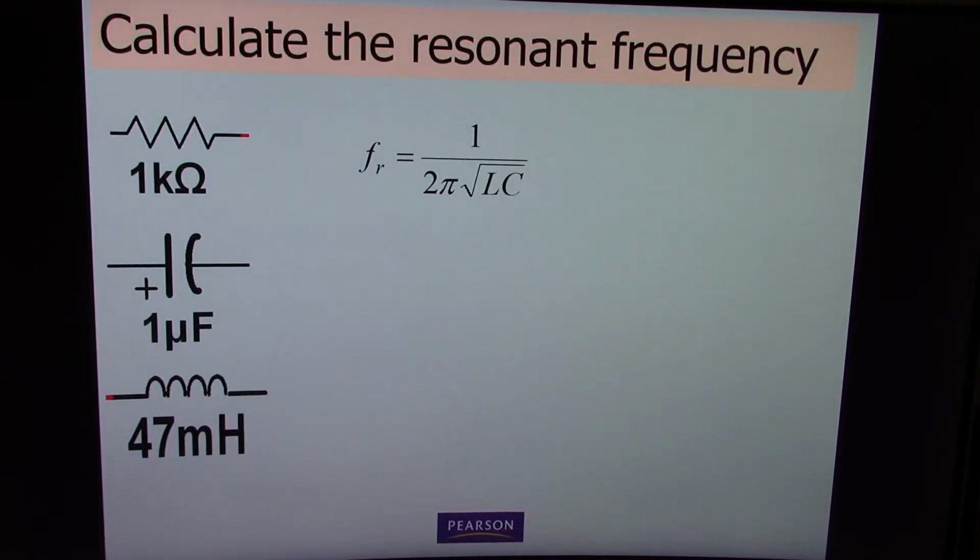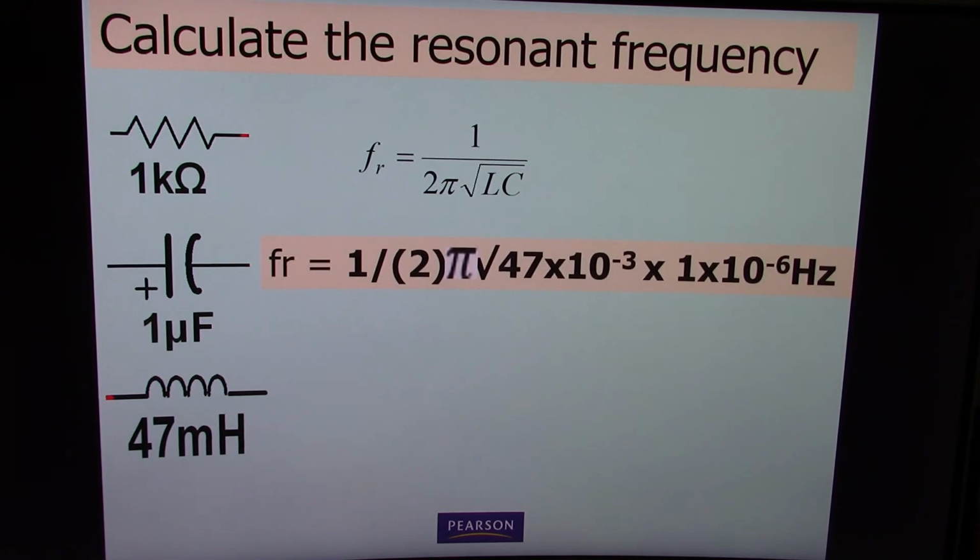So we'll build a circuit using these devices: a 1 kilo ohm resistor, 1 microfarad capacitor, and a 47 millihenry inductor. So the first thing you need to do is to calculate the resonance frequency. So you have to use this formula, and it's just a case of putting the numbers into the formula.